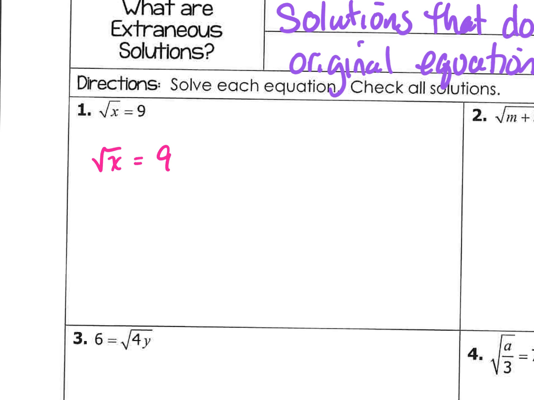Do I need to move anything, or do I have the square root all alone? I think I do. I don't think I have anything added to them. To get rid of add, you subtract; to get rid of multiply, you divide. To get rid of a square root, the opposite of a square root is to square it.